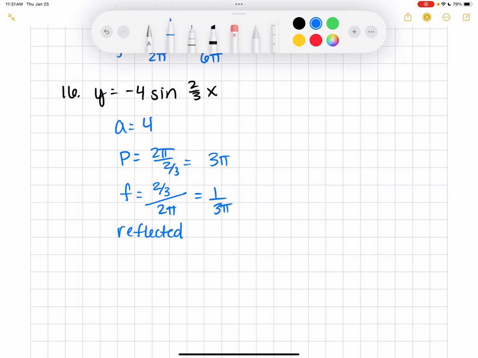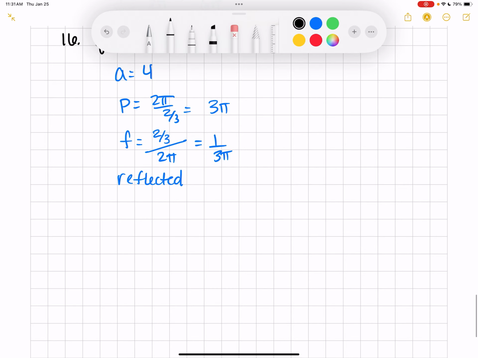And then there's a whole bunch of identifying the max and min of the function, which is basically the amplitude, and describing the transformations, but there's no transformation other than the fact that it's being stretched. Then we'll jump all the way to the end, 61 through 68, and look at a couple of those graphs. We'll probably start with 62.